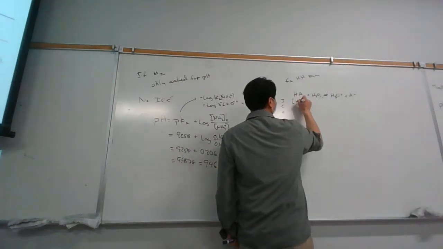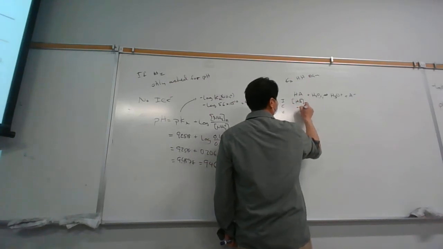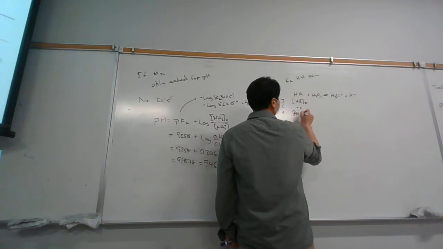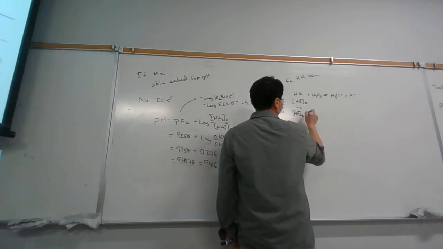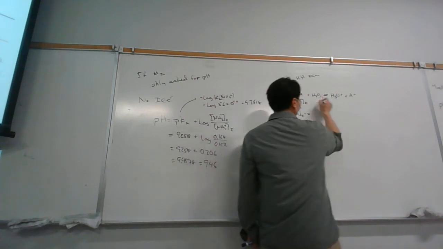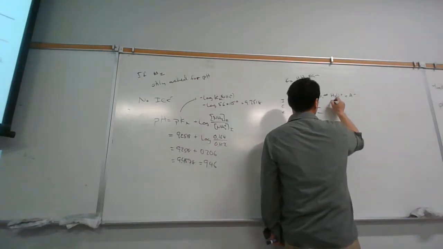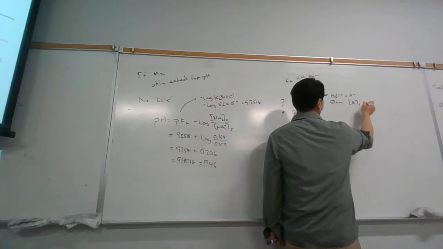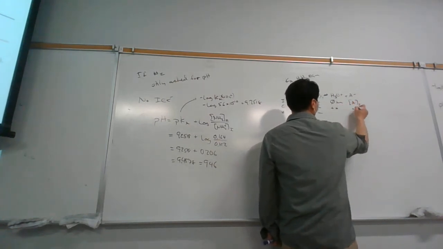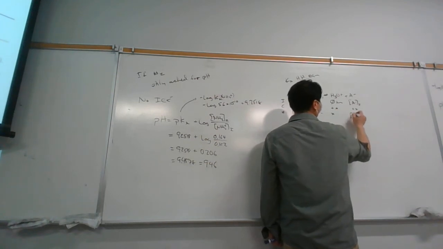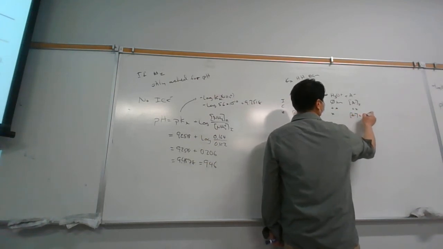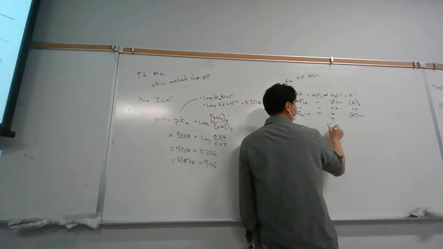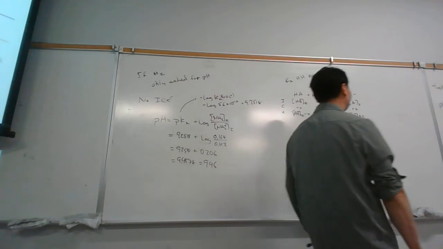So we'll have the HA initial minus X at equilibrium. This will be the 0 molar here, this will be the A minus initial, and this will be plus X, plus X. Then we get X and A minus initial plus X. This one we're just going to call the hydronium at equilibrium.